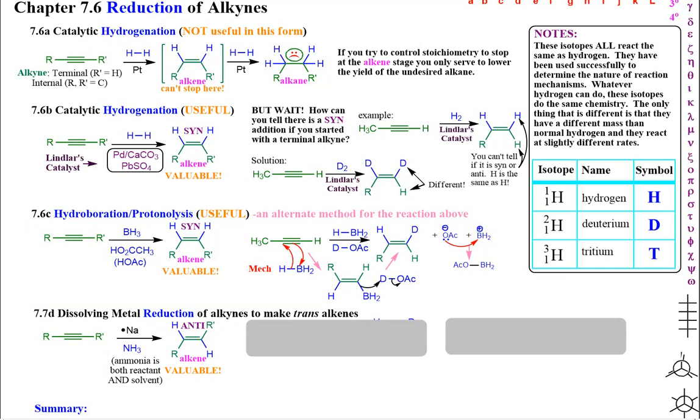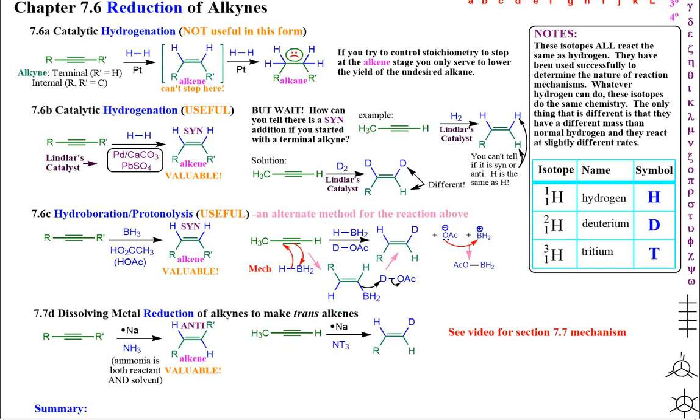The mechanism will be explored in another video. And what would happen if we had a terminal alkyne? How could we test to see the anti-delivery of the new groups? Here's sodium metal, terminal alkyne, tritiated version of ammonia, and the new H. Oops, I think I see a mistake.